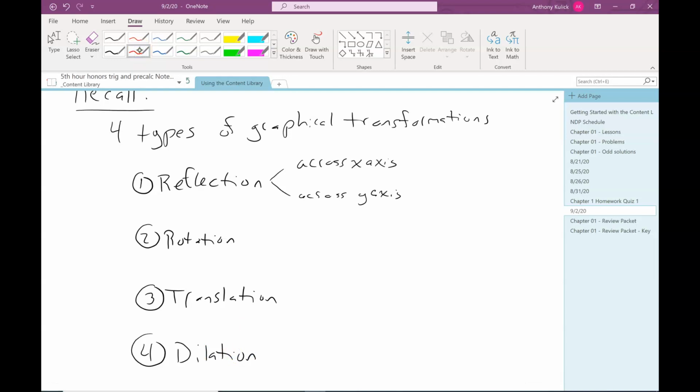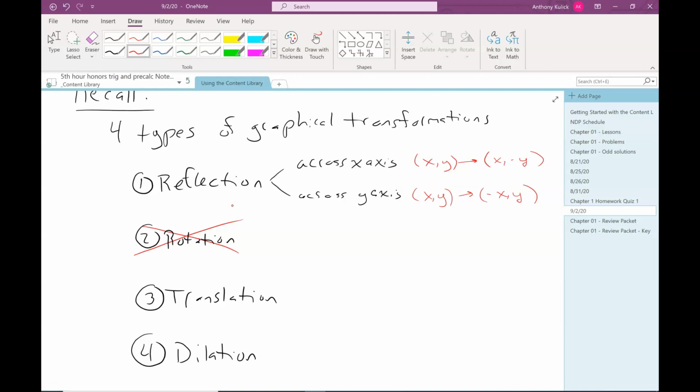So if you remember, back to geometry, oftentimes when we did this, we described these with a transformation map, where our original point, in the case of a reflection, you negated one or the other coordinate. Rotation, we didn't actually do this in geometry, and we're not going to do it now.